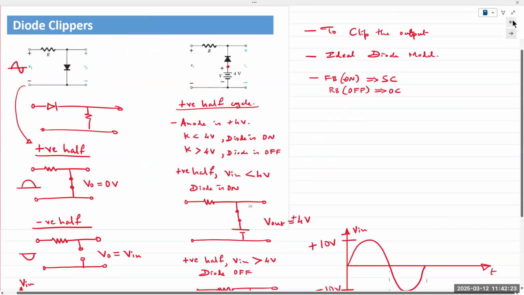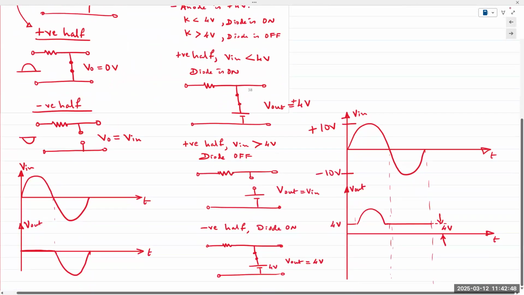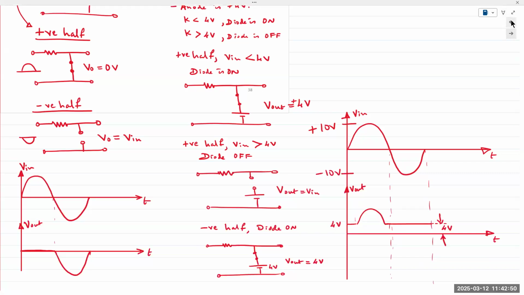But clippers is kind of an extension of the ideal diode model, and so clippers is something I might assess. So make sure you have a thorough understanding of ideal diode analysis and its application as a clipping circuit. All right, so that's for diodes.